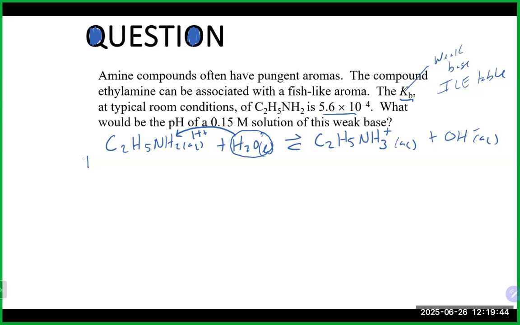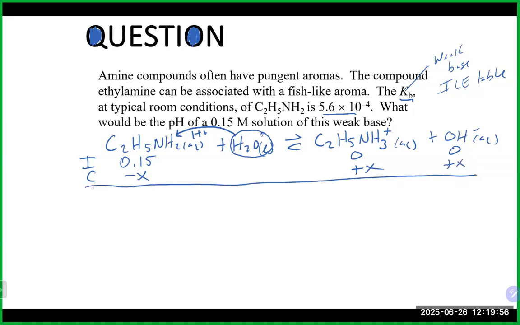Now that we have that, we can go with our 0.15, zeros. Change: minus x, plus x, plus x. And here at equilibrium, 0.15 minus x, x, and x. Once again, water is not involved in the equilibrium, so don't put anything there so you don't try to use it incorrectly.